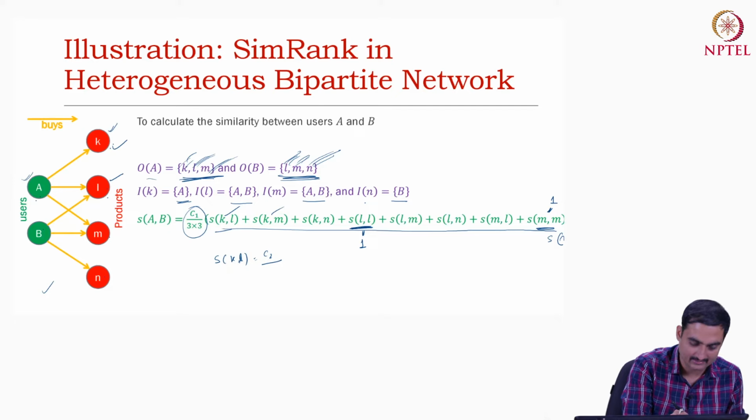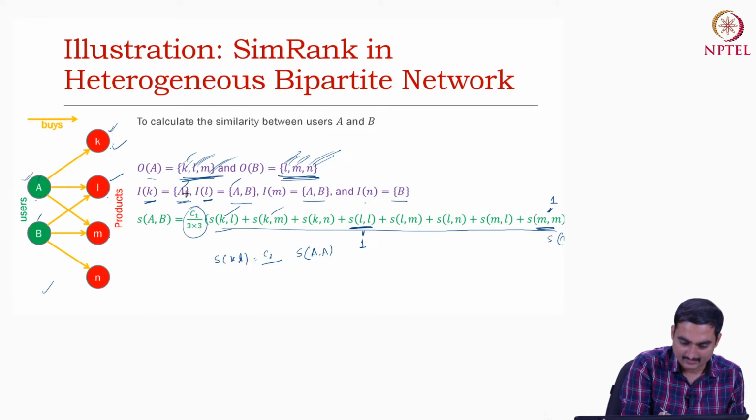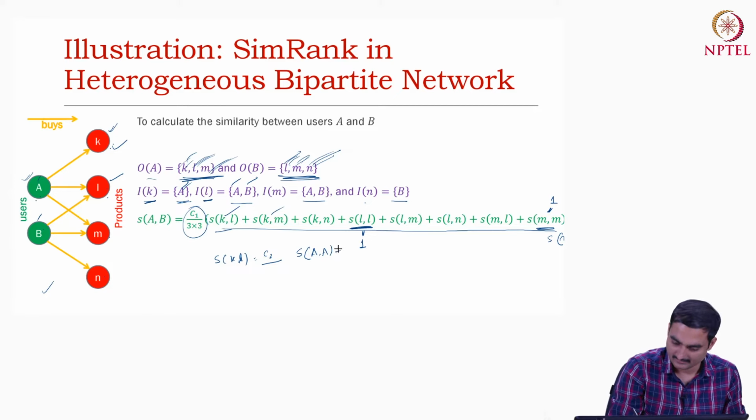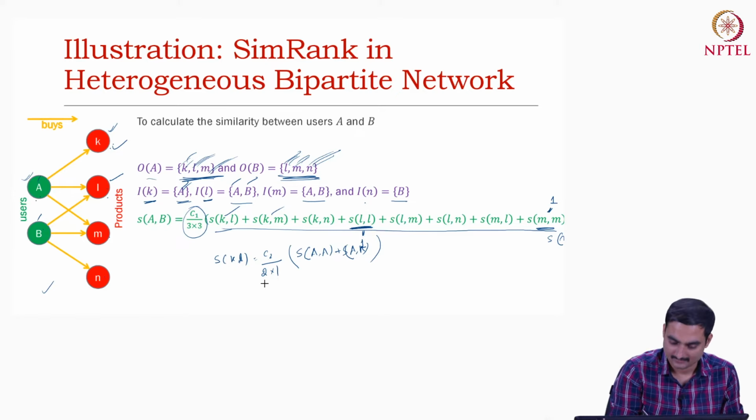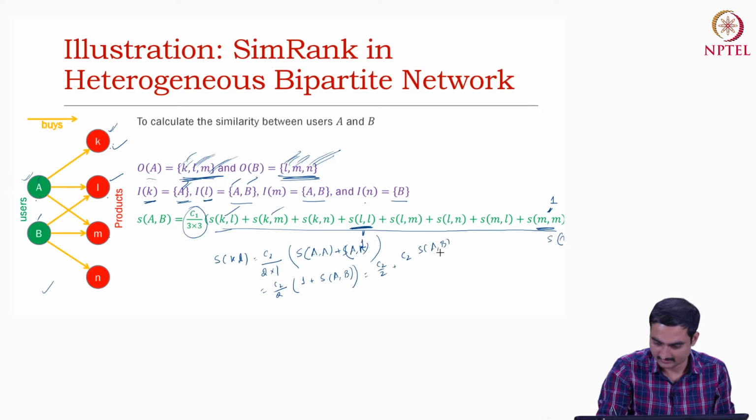K and L have inward neighbors A and B. So this would be S of AA, S of AB, S of BA and S of BB, where AA is 1, and S of AB you do not know. So C2 by 2 plus C2 S of A comma B by 2.